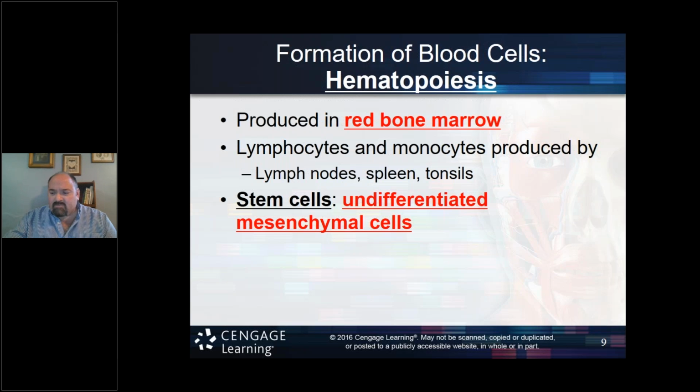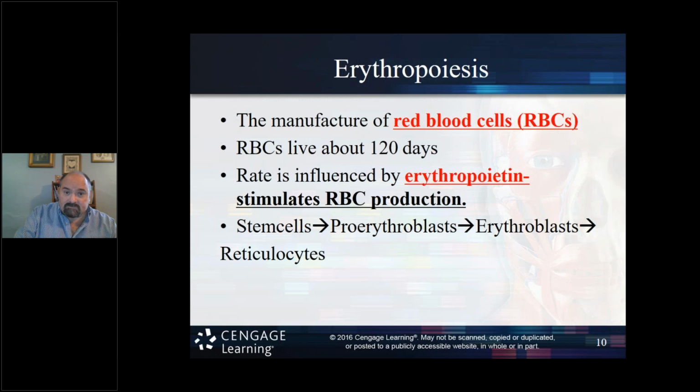And also, I believe you would remember that if there's a need within the body for more blood cells, yellow marrow can become red marrow, okay? The stem cells are undifferentiated mesenchymal cells that can become different types of blood cells.